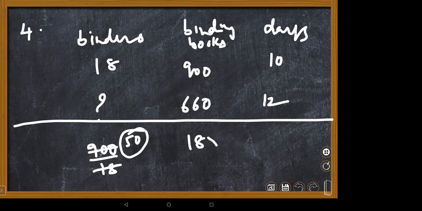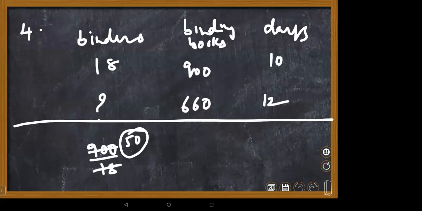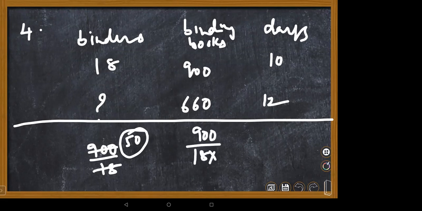How are you supposed to do it, children? Here, one binder can work in 1 day: 900 divided by 18 by 10. If you take 18 into 10, you cut 0.